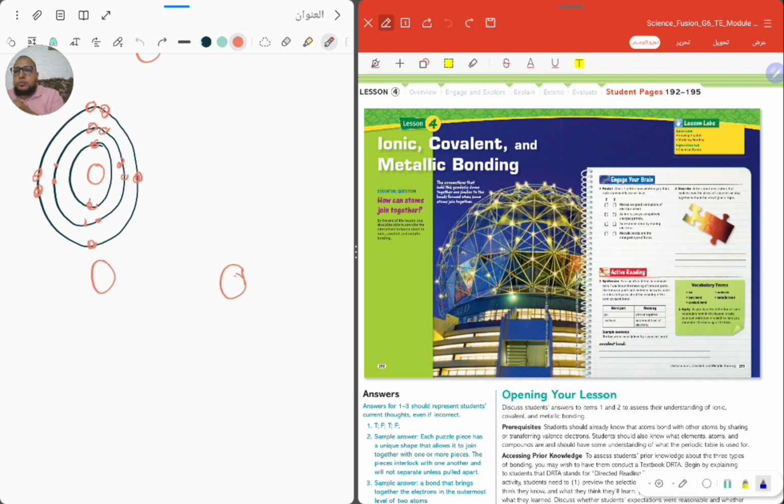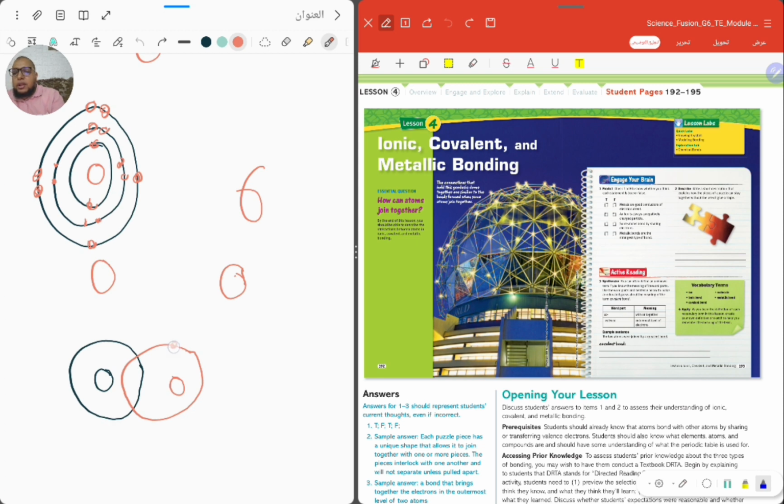Okay, how? That is the first one. I will take only the last level, which has 6 electrons, the valence electrons only. And the other one, I will give it another color. We said before that oxygen has 6 valence electrons, so both of them will share 2 electrons.